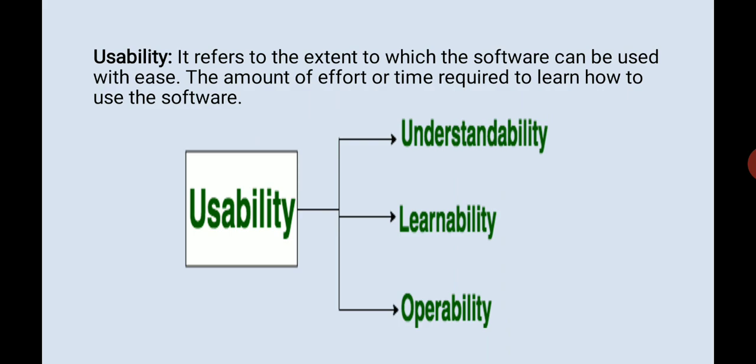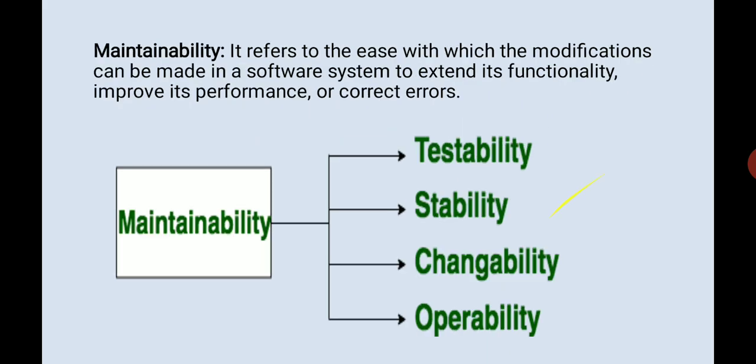This is classified into three: understandability, how well he can understand the system; learnability, how easily he can learn it; and how easy it is for him to operate it, right? He should be able to understand it, learn it, and also operate it very easily. So this comes under usability.